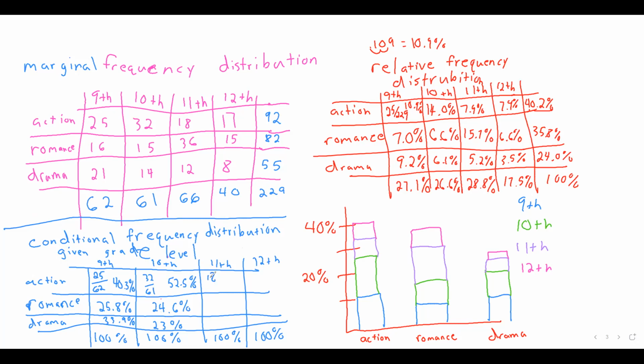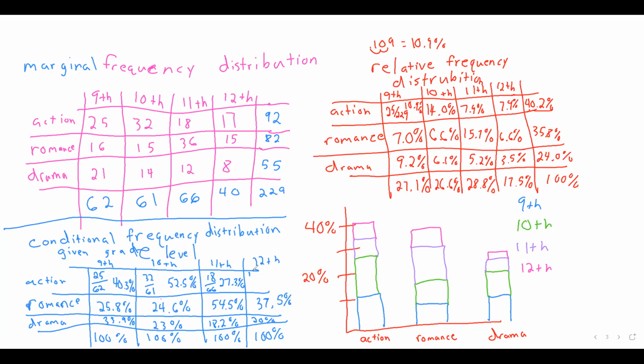Over here in 11th, 18 divided by 66, total 11th graders, 27.3%. 36 divided by the 66 11th graders gives me 54.5%, and 18.2% for drama. 20%, these ones come out nice divided by 40. 37.5% is 15 divided by 40.